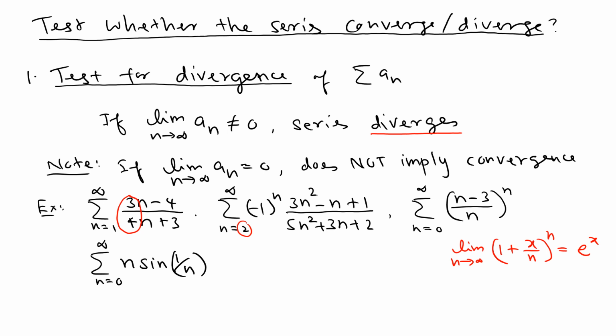This is a really interesting example because when n goes to infinity, 1 over n goes to 0. So this is like sine x over x when x goes to 0. We know that when x goes to 0, sine x over x is 1. So in this case, n sine (1 over n) goes to 1, which is not equal to 0. That means it has to diverge.